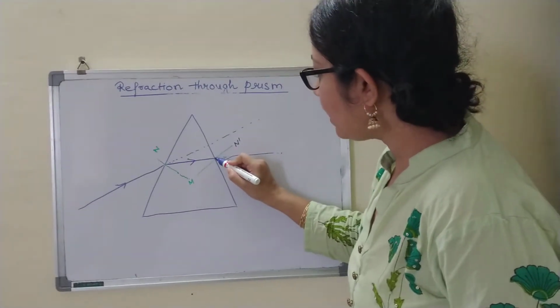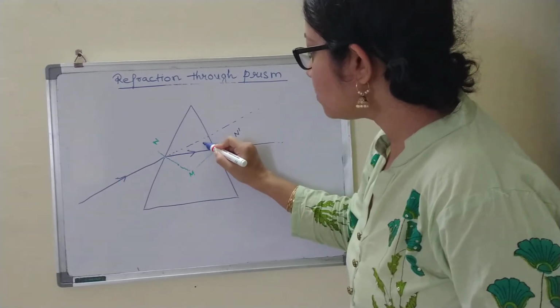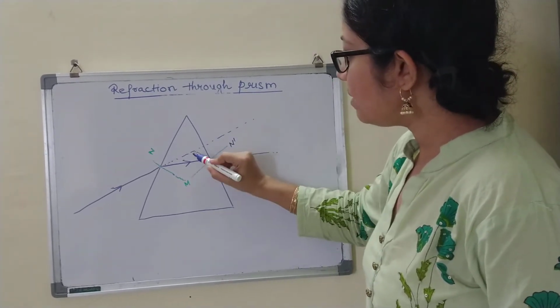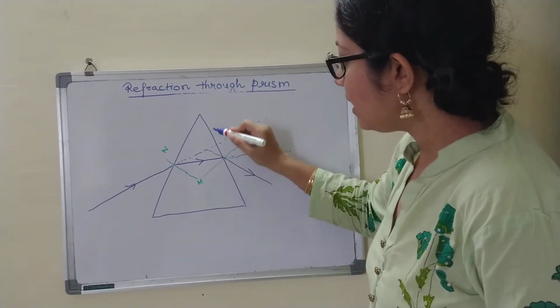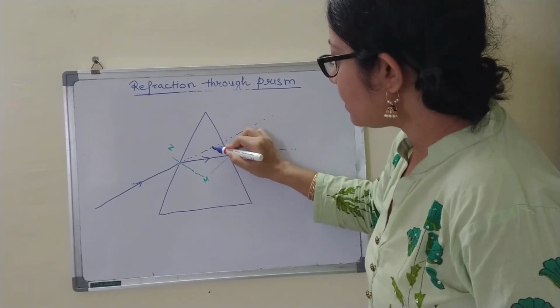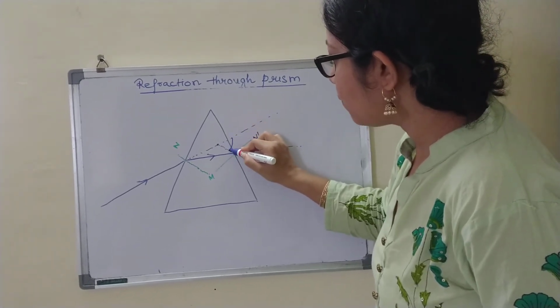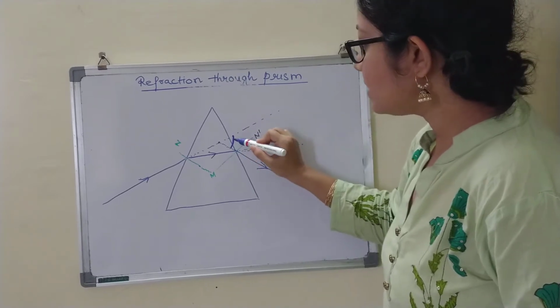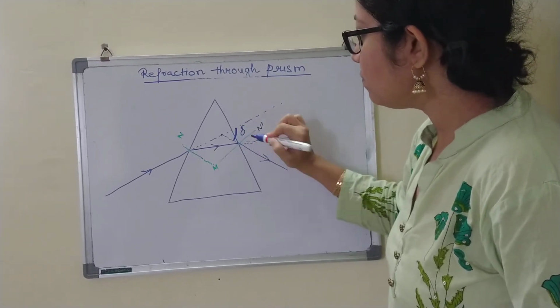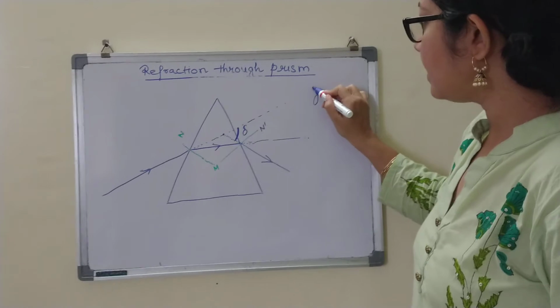Now if I draw this line backwards, what do I see? That they meet at a point. And the angle that is formed here is my angle of deviation, which I write as delta.